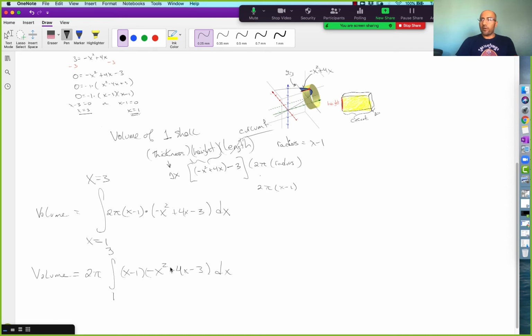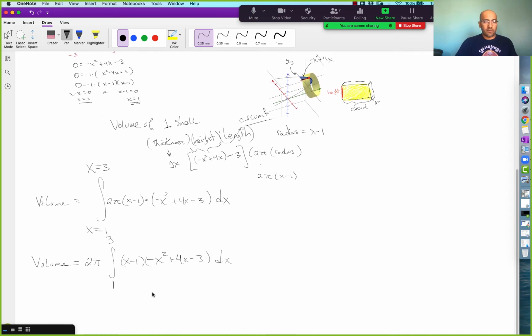So I'm just going to FOIL this out. That'll give me a nice, pretty polynomial: minus x cubed plus 4x squared minus 3x plus x squared minus 4x plus 3. We FOIL that whole thing out, and then we'll still have our dx, and then we still want to integrate from 1 to 3, and we have 2 pi there.